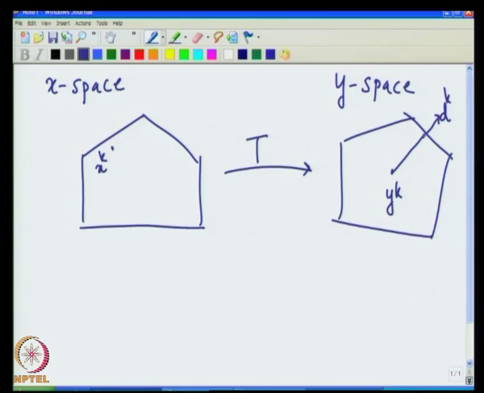So, just before hitting the boundary of the feasible set, one finds out an appropriate step length, so that a new point y k plus 1 is found, and then that point is mapped back using the transformation T inverse. So, we need an invertible transformation, and that new point could be a corresponding point x k plus 1 in the input space.